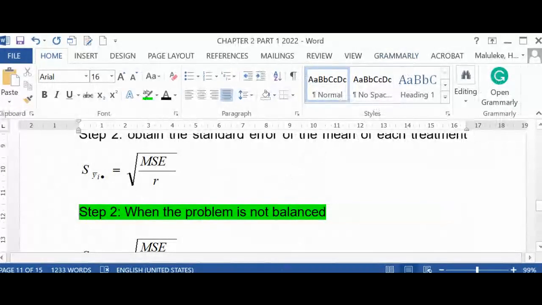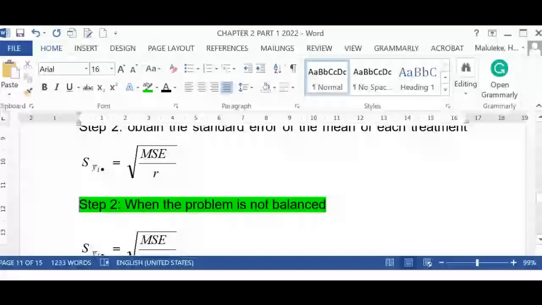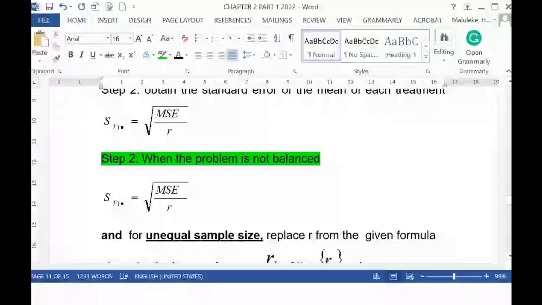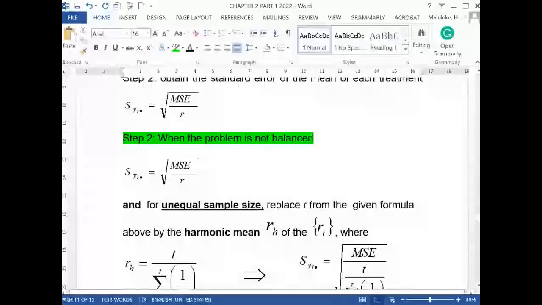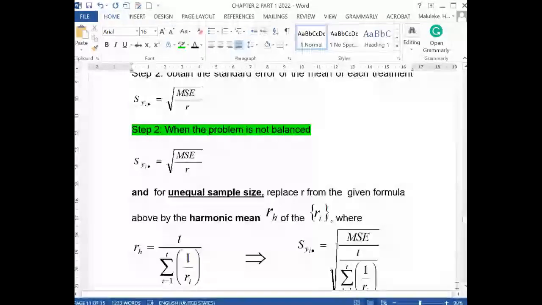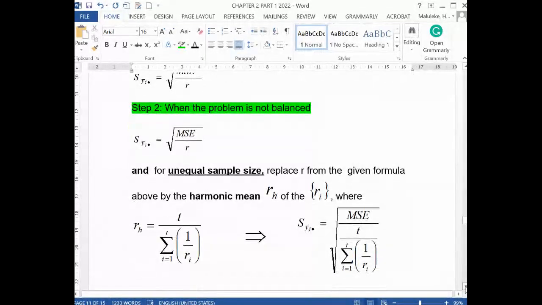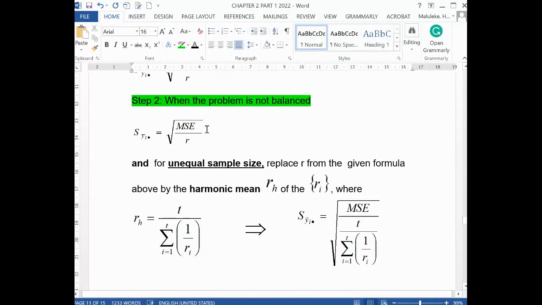Let me know if you can see the whole thing. Can you see everything, guys? Yes.